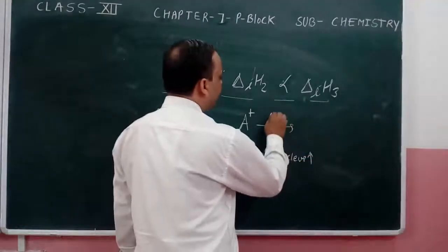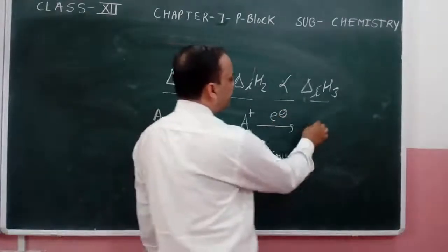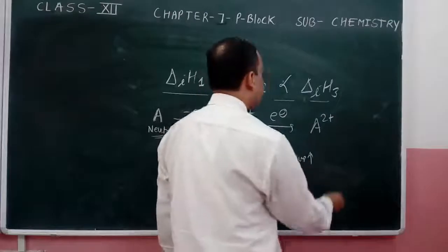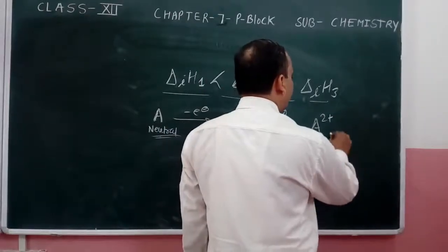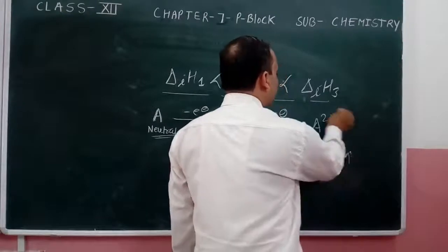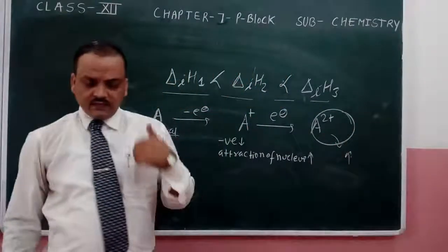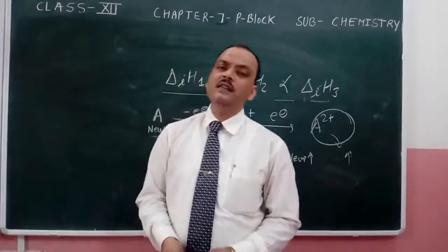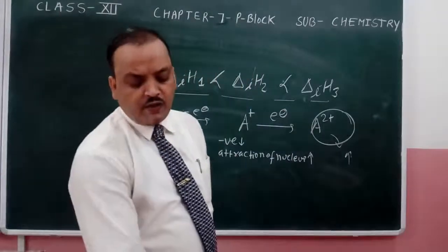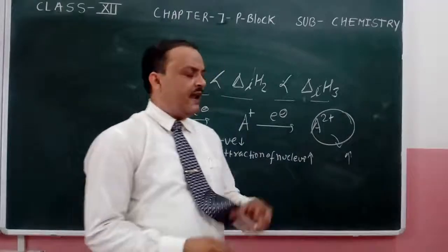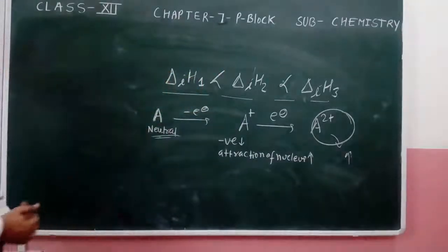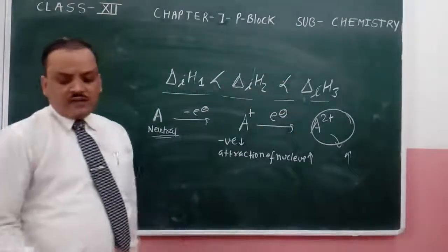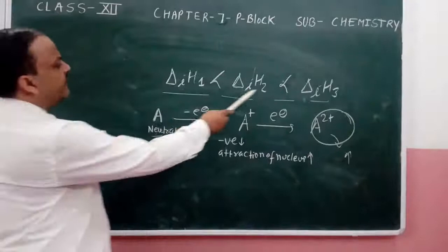If we remove another electron from this, the positive charge will also increase, and the attraction of the nucleus also increases. So as we are removing the electrons, the positive charge is increasing, and the force of attraction applied by the nucleus is also increasing.